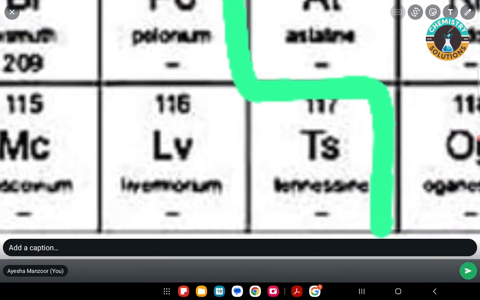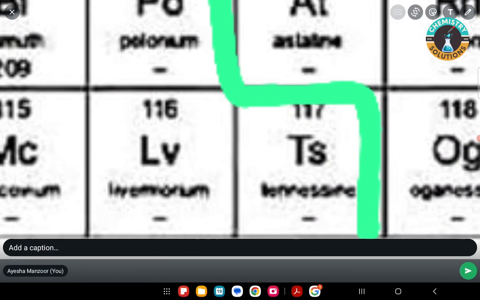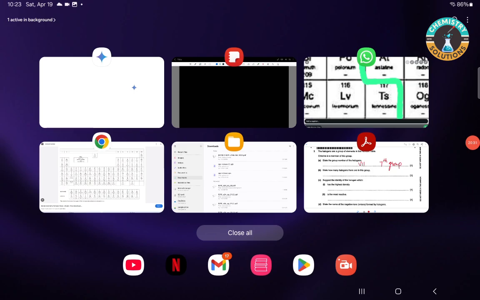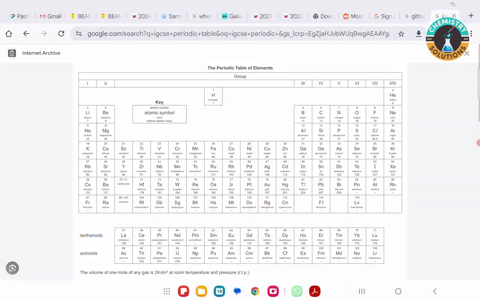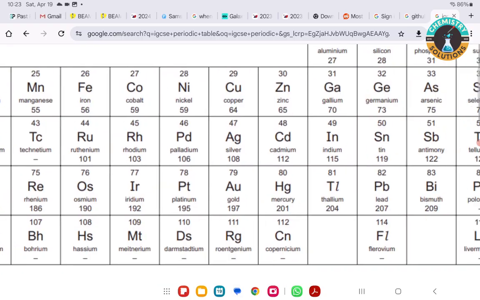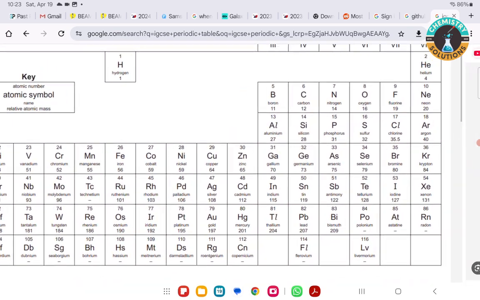The spelling is not very clear here, but let me check on the periodic table what the element is. This one is tennessine. It's a little bit blurry here, but it is tennessine. In the previous periodic table, it is not present. So this is the 7th group.